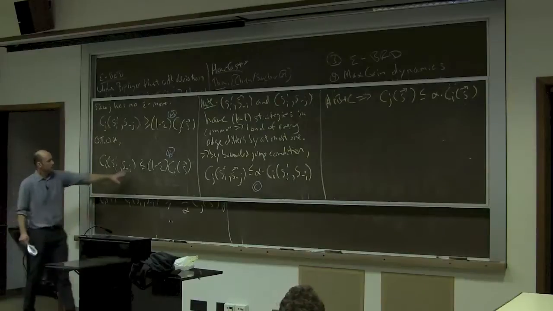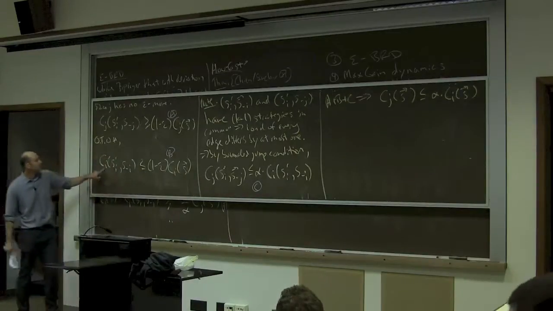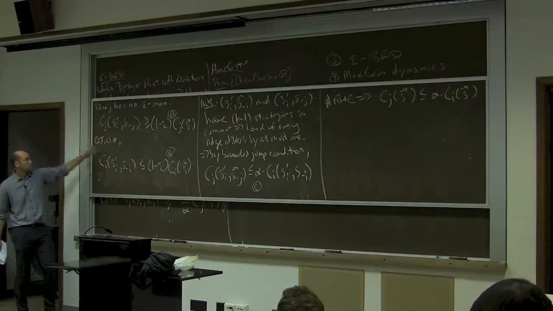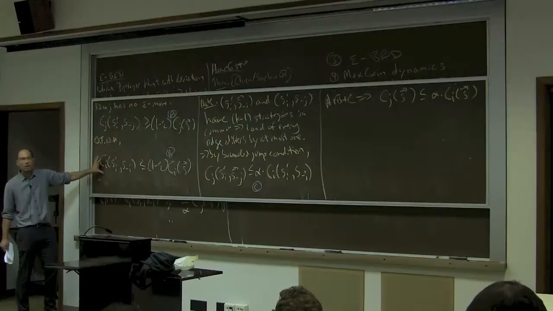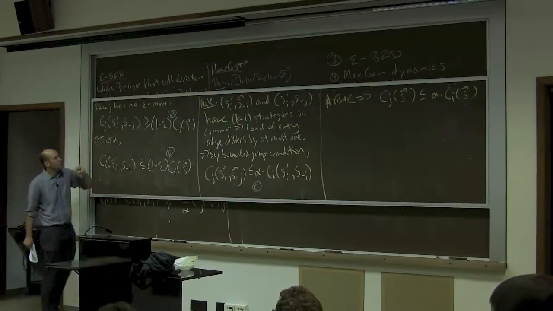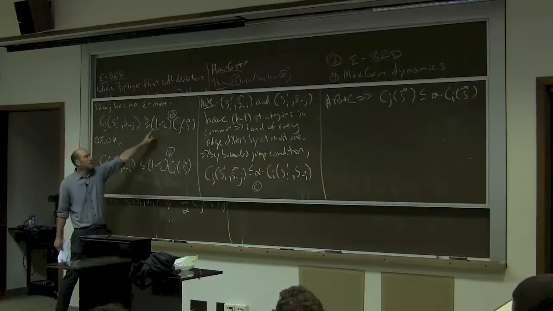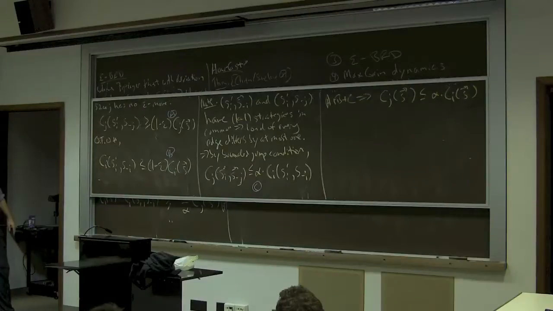If they start equal, what C says is that the left-hand side goes up potentially, but by at most an alpha factor. So we start with two numbers that are equal. The left-hand side gets bigger, but by at most an alpha factor. And inequality A asserts that the right-hand side has to be bigger.